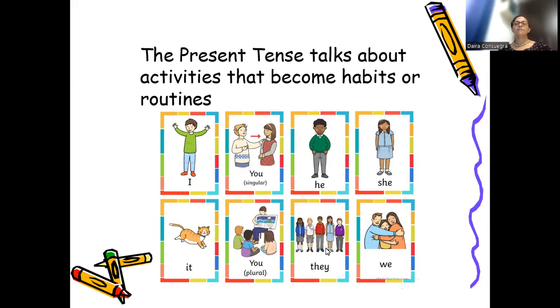They, ellos, and we, it means nosotros. So we need to know all these pronouns in order to be able to talk, because the first component of a sentence in English is the subject, and the subject could be a pronoun. I, you, he, she, it, you, they, and we.